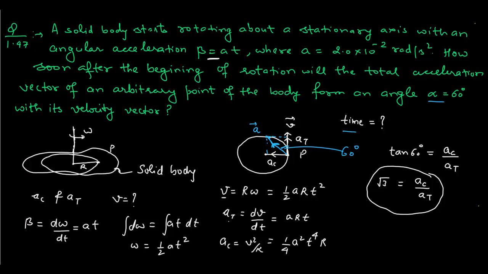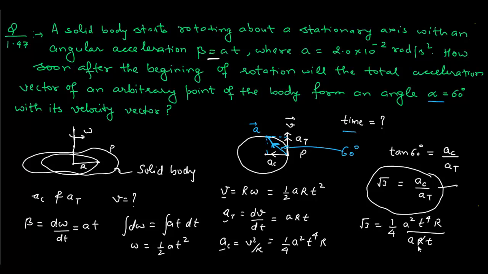Now if I substitute this AT and AC in this result, I will get root 3 equal to AC, which is one-fourth a squared t to the power 4 r, divided by AT, which is a r t.